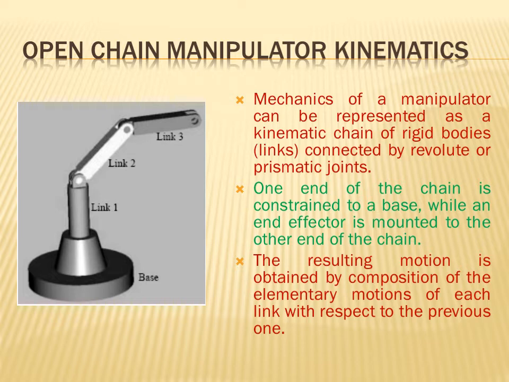You can see here that one end of the chain is fixed or constrained to the base, right, while the end effector, which is clamped here, is mounted to the other end of the chain. Link 1 is fixed with the base, and the last link is connected to the end effector, right?